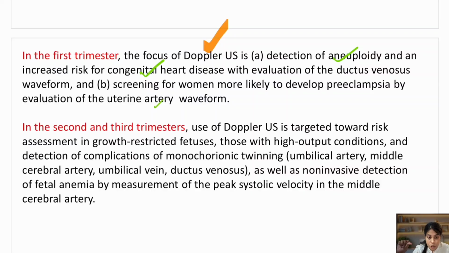So in the first trimester, the important Dopplers are uterine artery Doppler and ductus venosus Doppler: uterine artery for preeclampsia and ductus venosus for aneuploidy and congenital heart diseases.